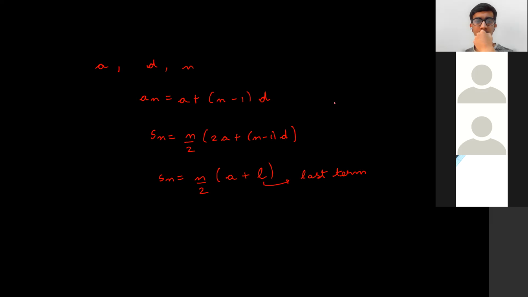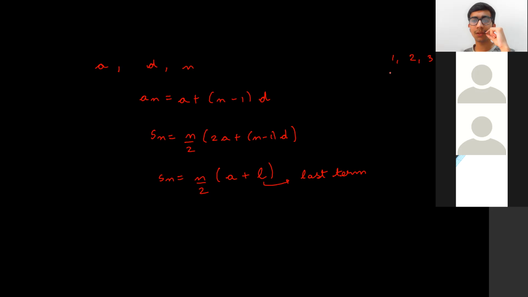If you put the values in Sn, then you can calculate the sum of the n natural numbers. What should I put A as? You know what natural numbers are? 1 to infinity: 1, 2, 3, and so forth till infinity.